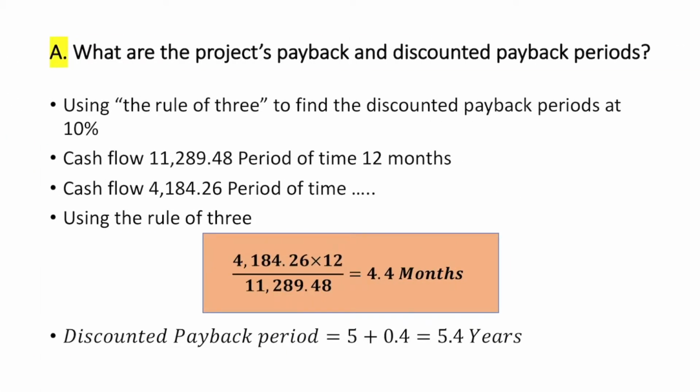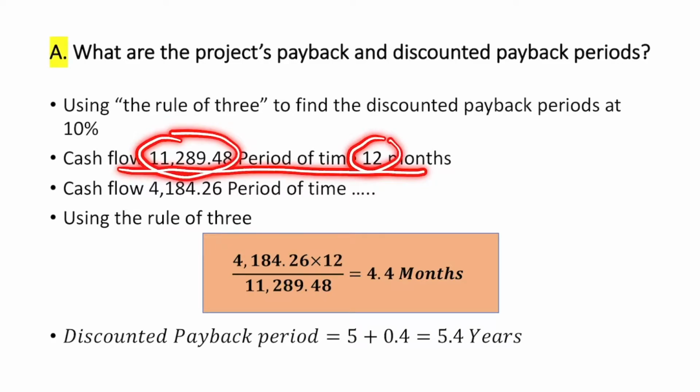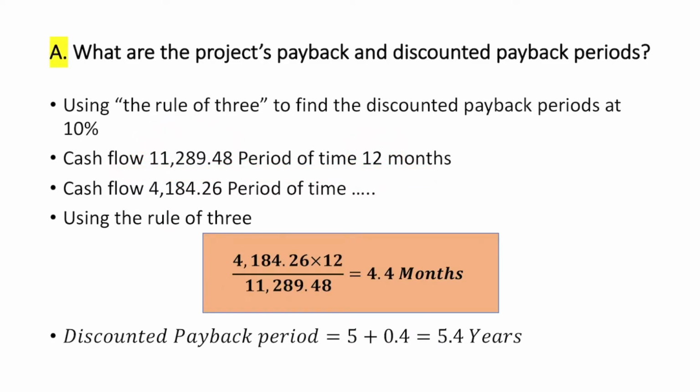We have to find a more specific value by using the rule of 3. For the 6th year, we have a cash flow of $11,289.48. The period of time is 12 months, and the cash flow needed for the 5th year to pay back is $4,184.26.